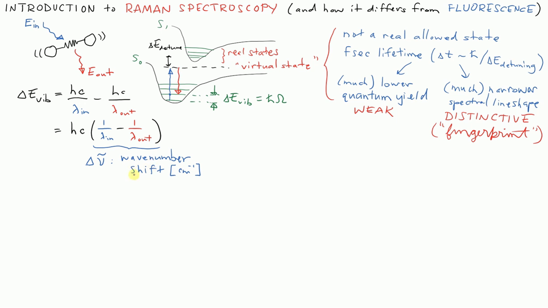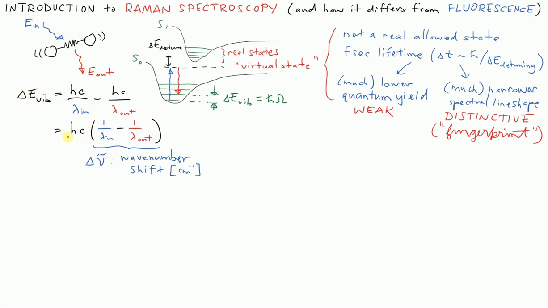So this is the language here. When you see a delta nu tilde, you're talking essentially about an energy, but strictly speaking in terms of the number you're being given, not an energy, but an energy without the hc part. So you're just getting 1 over length values. If you multiply it by Planck's constant and the speed of light in vacuum, you then get the change of energy between the incident and exiting photon.